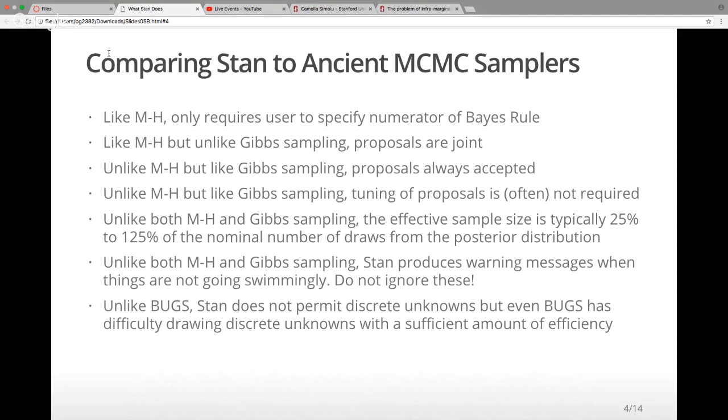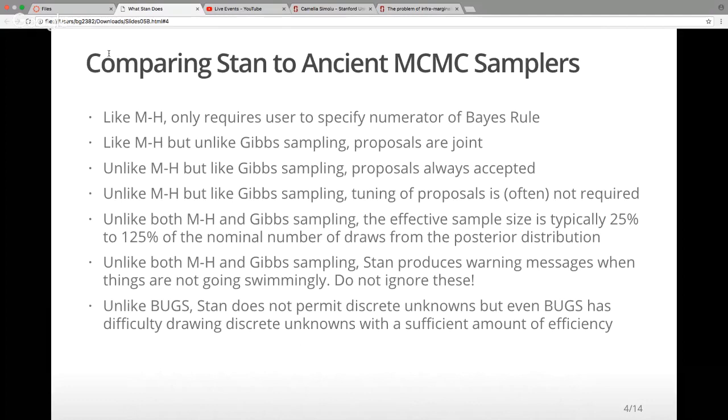Unlike Metropolis-Hastings, but like Gibbs, the proposals are always accepted. So you never stay in the same place for 2 consecutive iterations. Unlike Metropolis-Hastings, like Gibbs sampling, you don't have to set any tuning parameters a lot of the time.